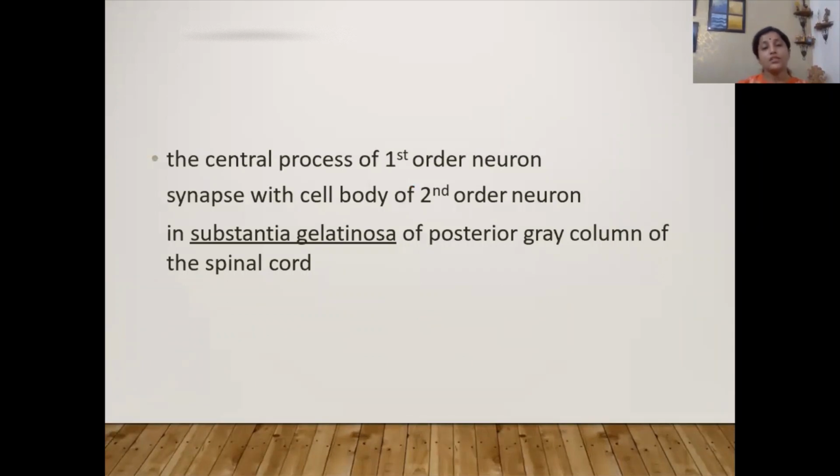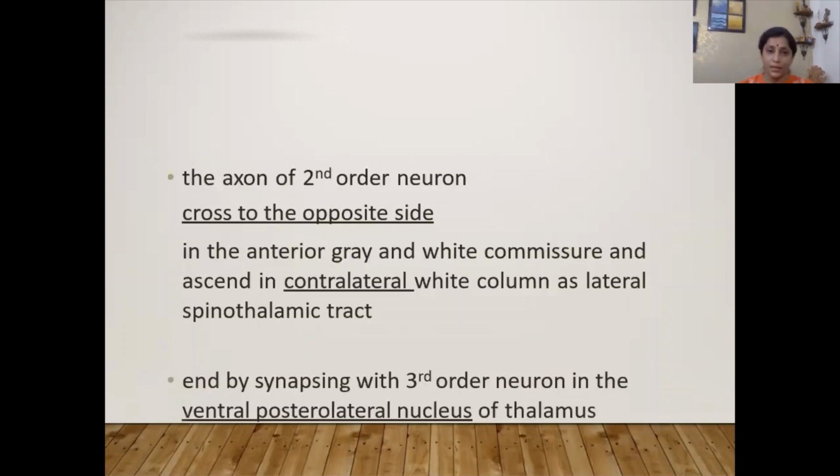The central processes of the first order neuron synapse with the cell body of the second order neuron in the substantia gelatinosa. This is the part of the posterior gray column of the spinal cord in which the second order neuron originates and the synapse between the first and the second order neuron occurs.